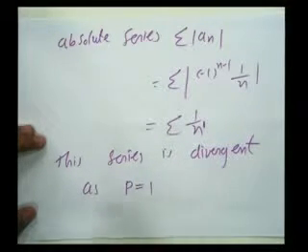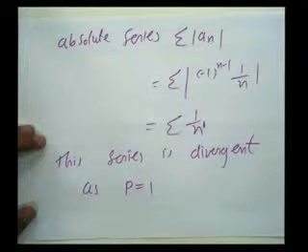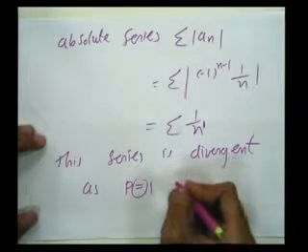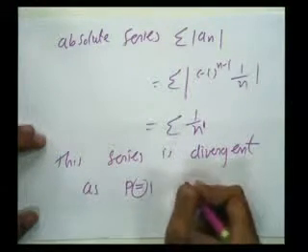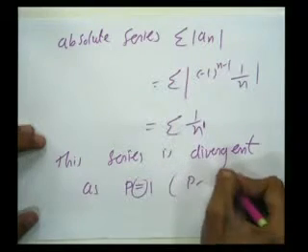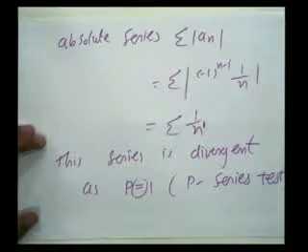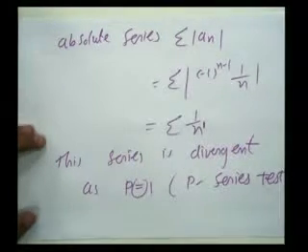We know the p-series test: sigma 1 upon n raised to p is convergent if p is greater than 1, and the series is divergent if p is less than or equal to 1. So here p is equal to 1, so this series is divergent by the p-series test.